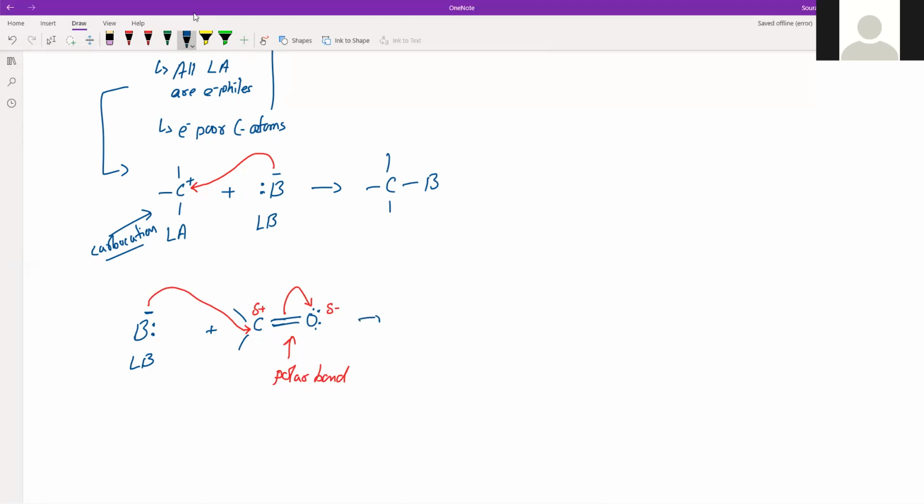Now, due to this, what will we get? We will get this B connected with C, and there will be a single bond here because out of two bonds, one bond is being used. The electrons from one bond are given to this oxygen.